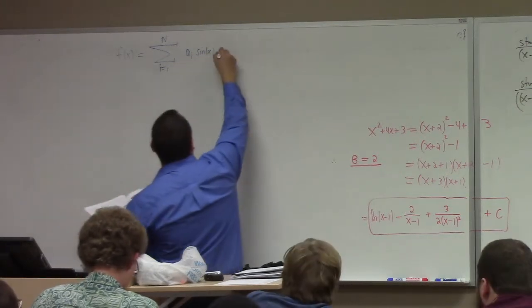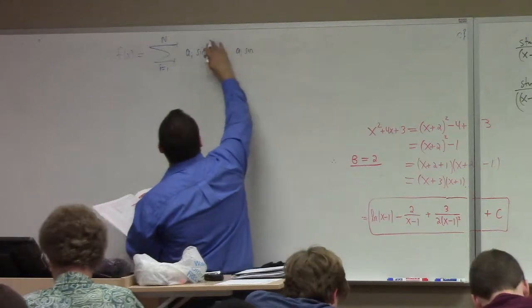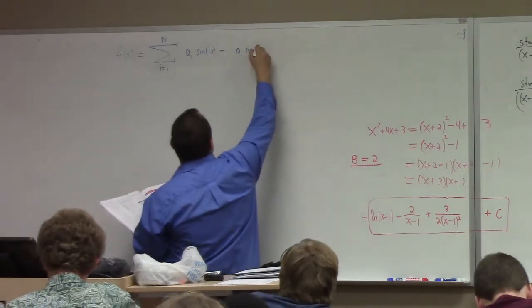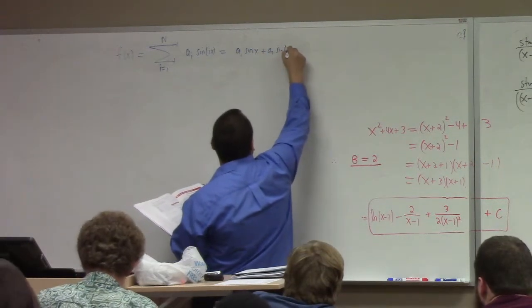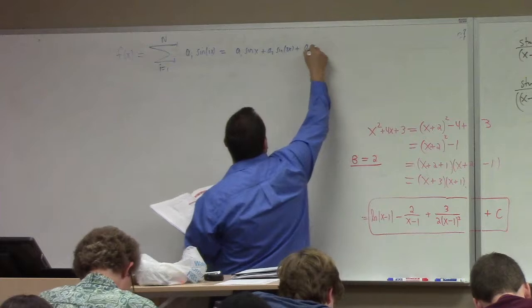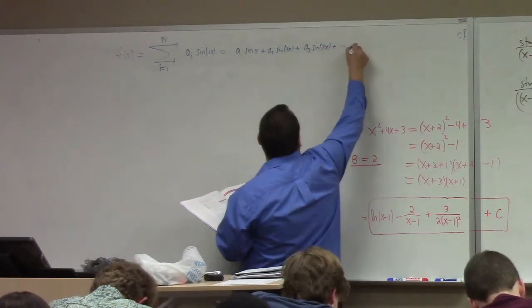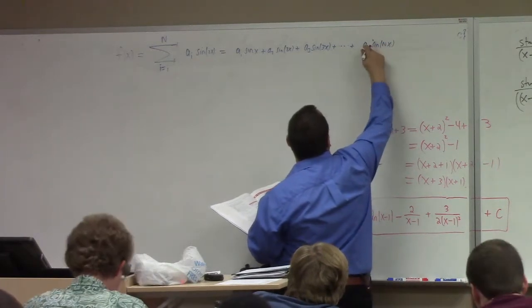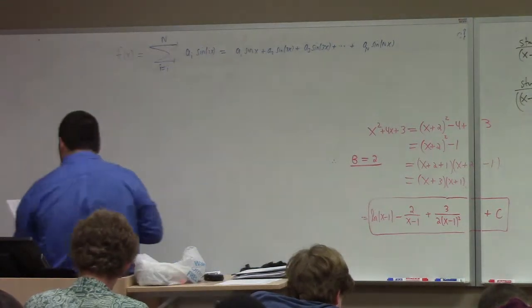In other words, that's a1 sine of x plus a2 sine of 2x plus a3 sine of 3x, and finally an sine of nx. This is what that summation means. So this is a so-called finite Fourier series.